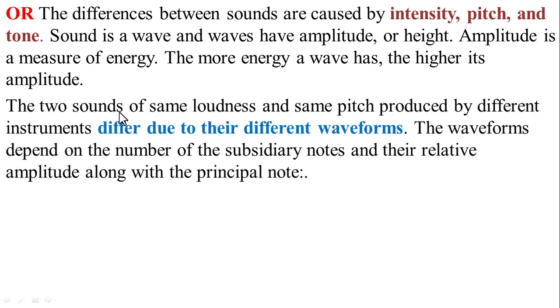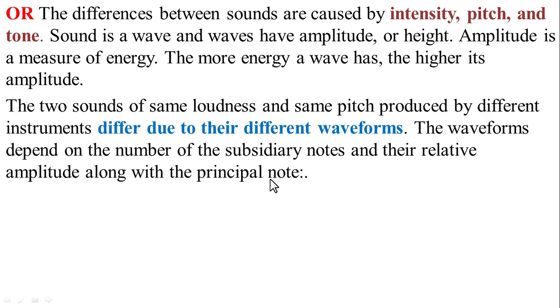So two sounds having the same loudness and the same pitch, produced by different instruments, differ from each other in their waveforms. The waveforms depend on the number of subsidiary nodes and their relative amplitude along the principal node. Here we can write two answers. It means both are related to question number 2.